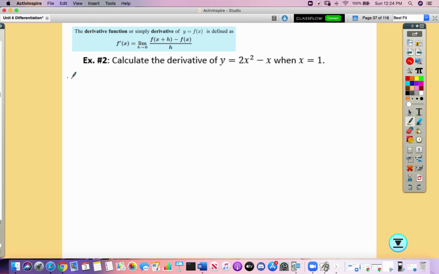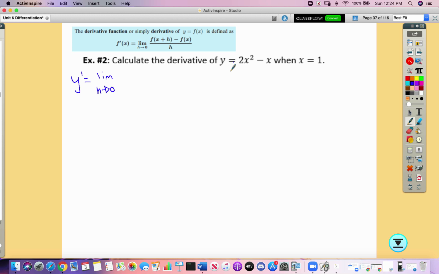Okay, that's not too bad. Let's go for it. Let's use a new notation. I'm going to use y prime. Yes, you can do that. If you don't want to change it to f of x, you just want to continue using your y, you can put your derivative right on there. So that's the first derivative of y is equal to the limit as h approaches 0 of, now I need f of x plus h.